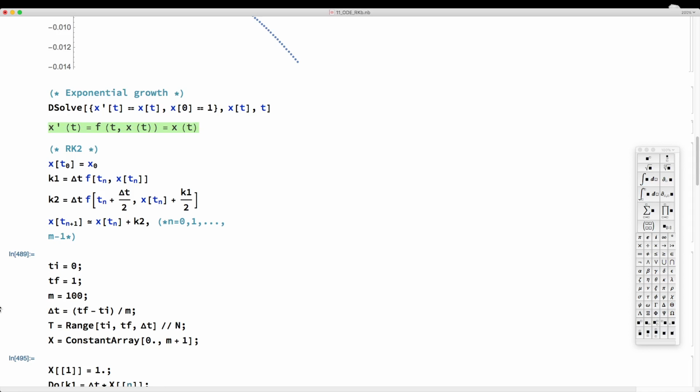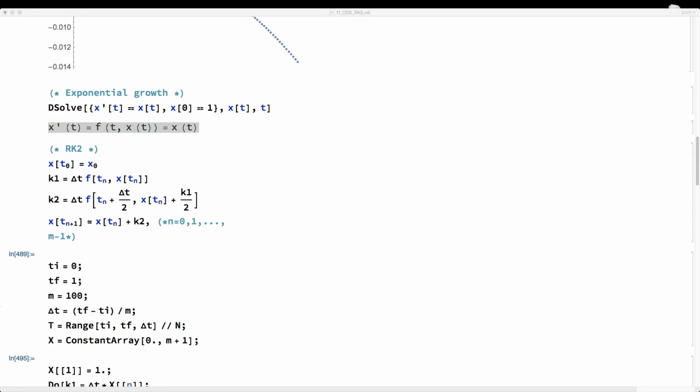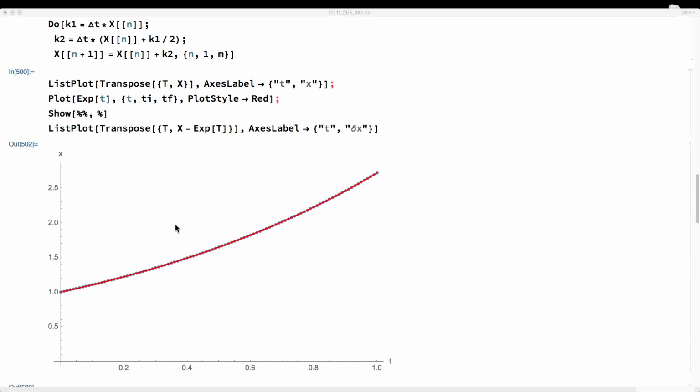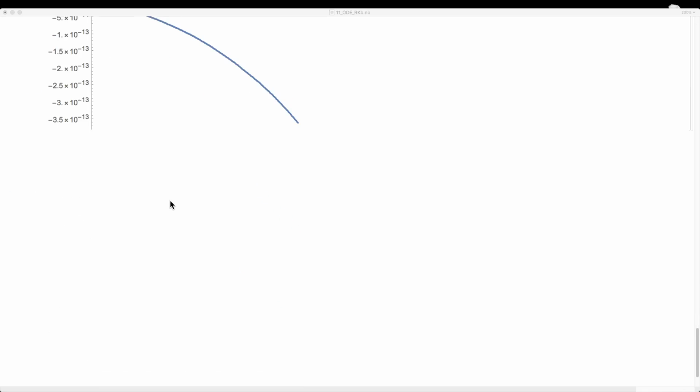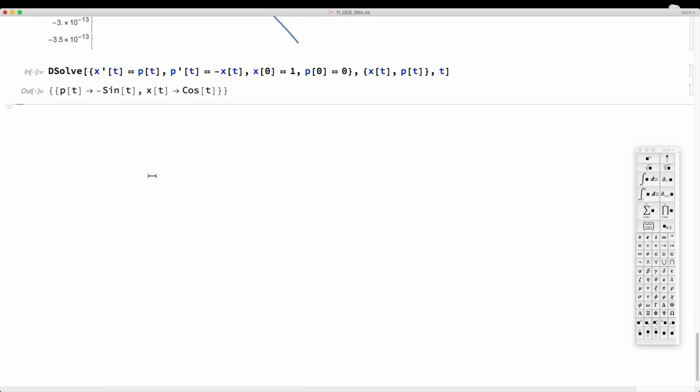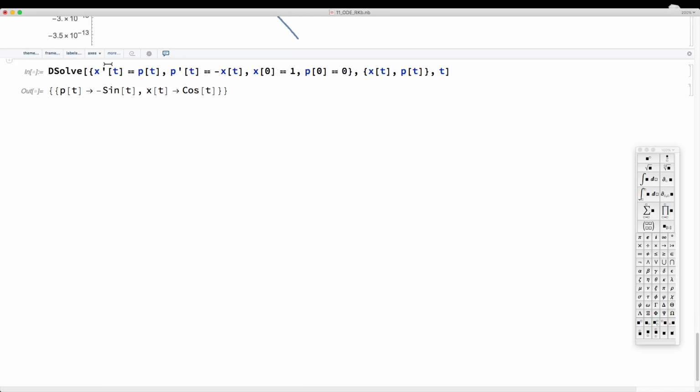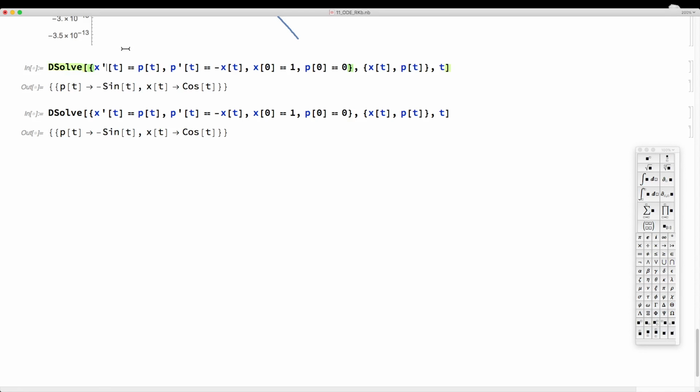So to do that, let's again consider the harmonic oscillator that we considered in the previous video. So in the previous video, we showed that we could take a second order system. So the system, let's write it down again. It was x double prime equals minus x of t.